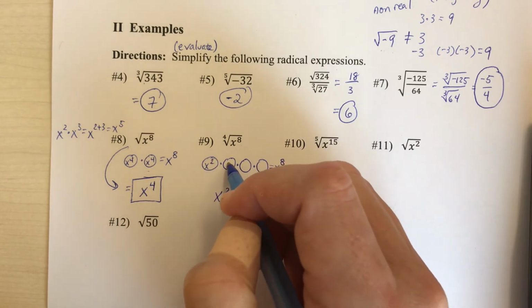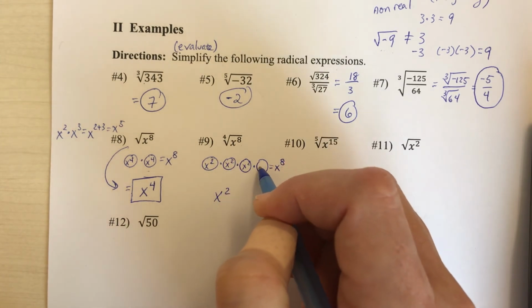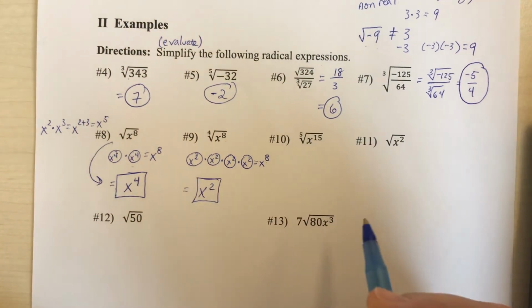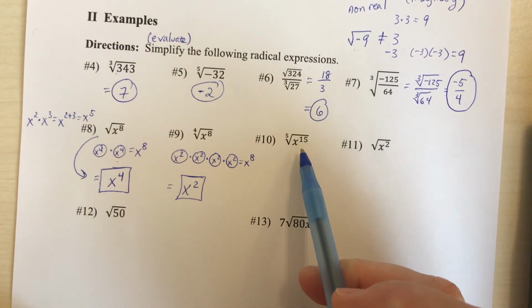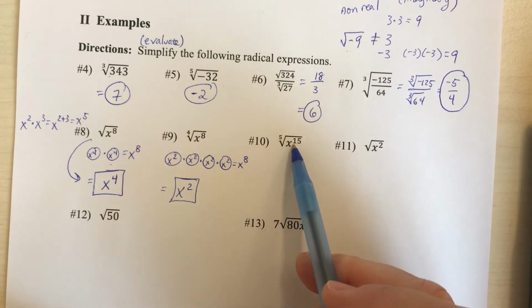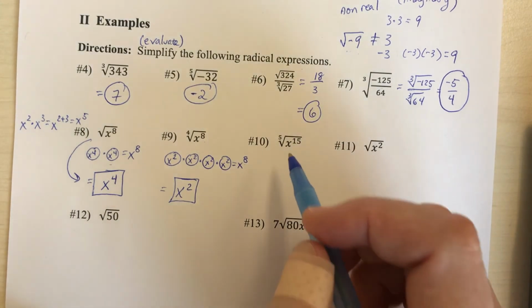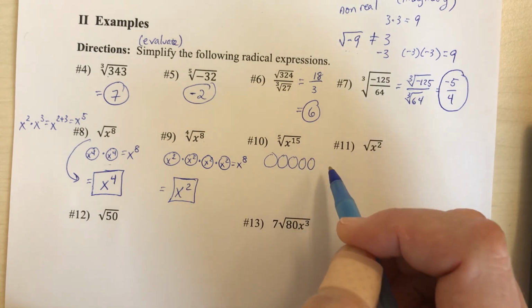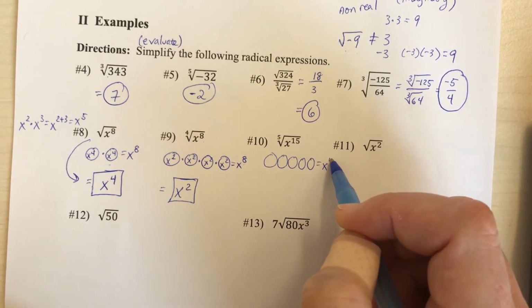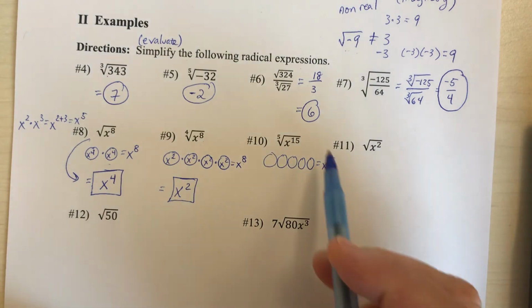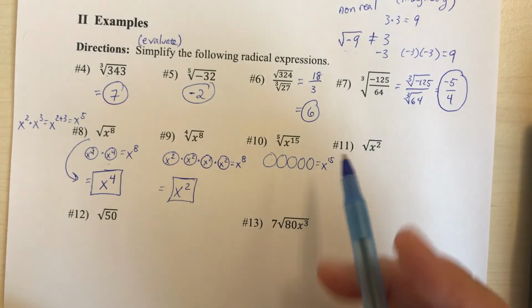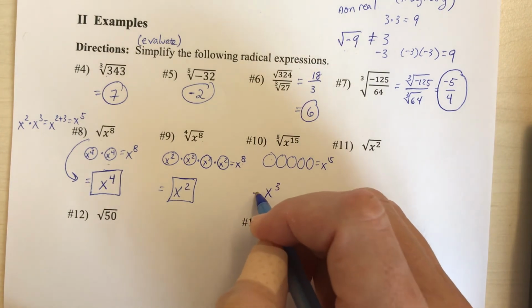Because if I add the exponents, 2 plus 2 plus 2 plus 2 is 8. Now what you start to realize here is that there's a pattern to this, the 5th root of x to the 15th. I'm thinking of 5 values that are the same that would get me x to the 15th. Well, if I take 15 divided by 5, because I need 5 groups here, I would get x to the 3rd.